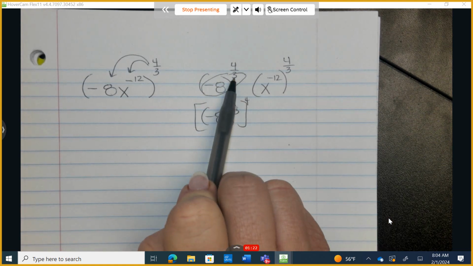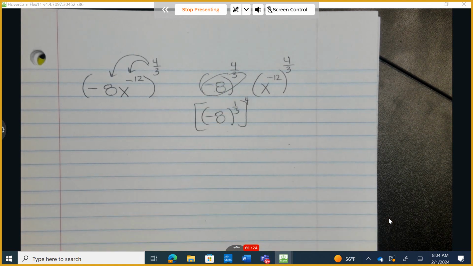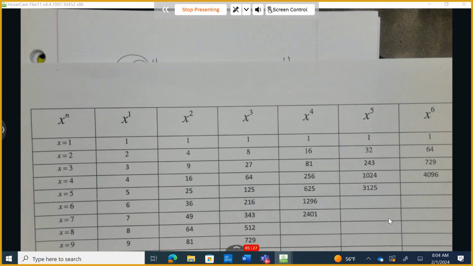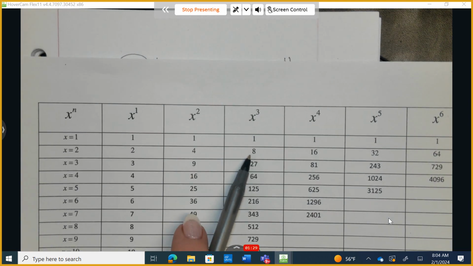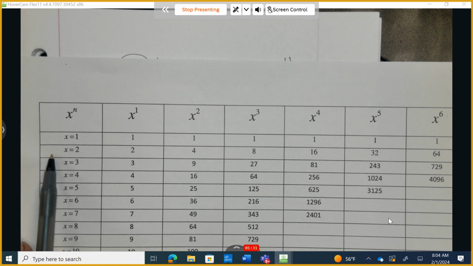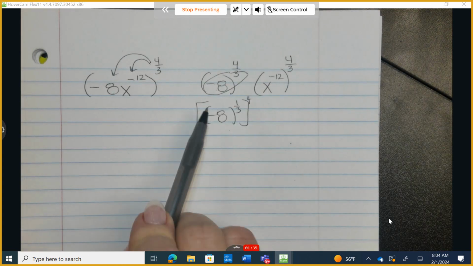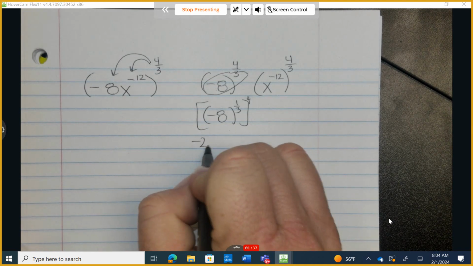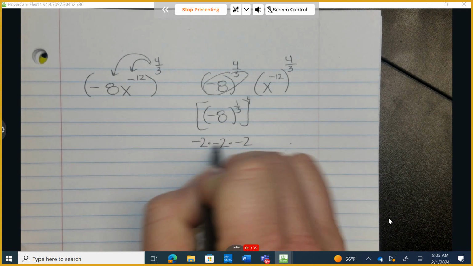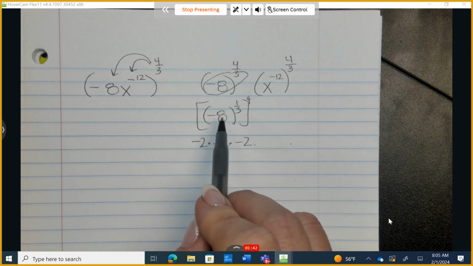It means go into the third column and let's locate negative 8. Third column, okay, here's positive 8. That means 2 times 2 times 2, 3 times, is positive 8. But I want a negative 8. I recognize that negative 2 times itself 3 times, an odd number of times, will produce a negative 8.